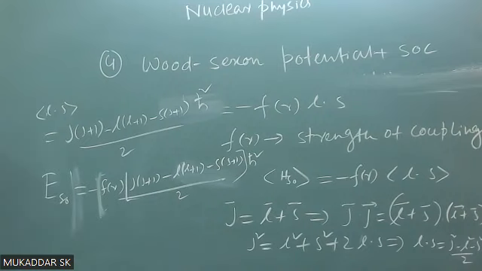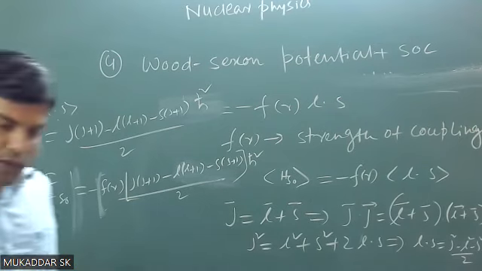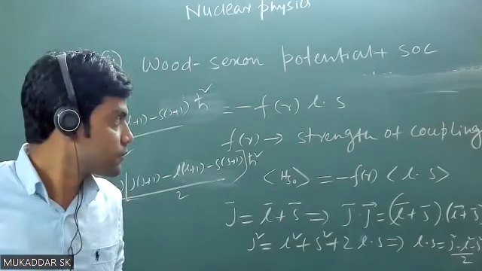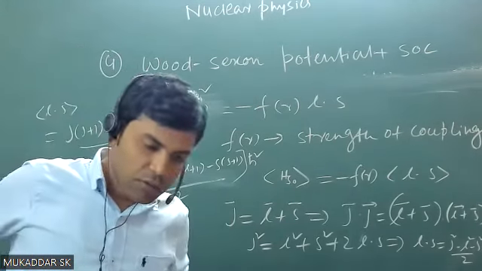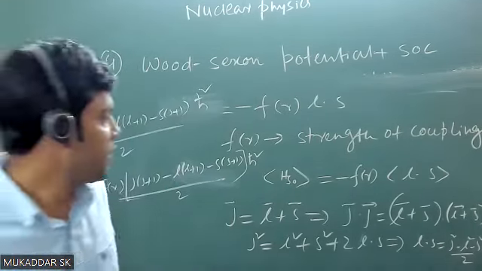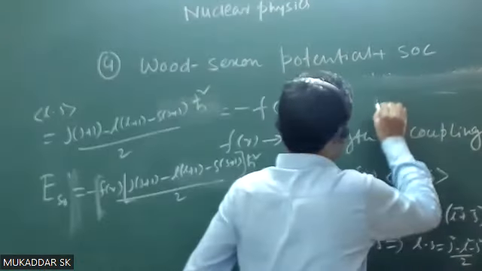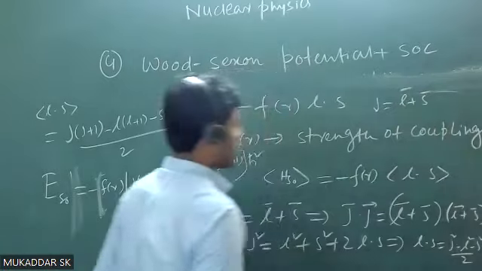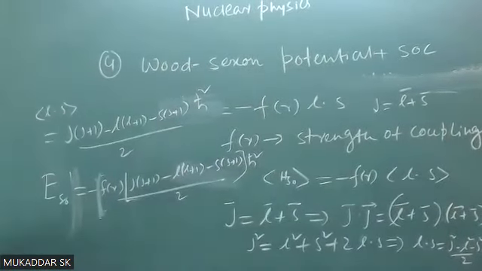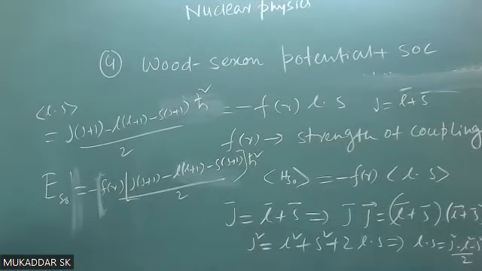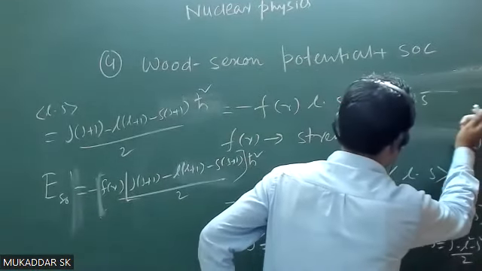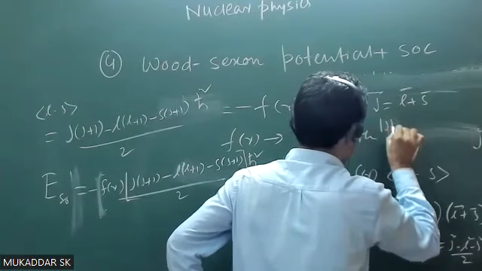Okay? Now, can you tell me what is the possible value of J? So nucleon is a spin half particle, right? You learned this. We started from here itself, that J equals L plus S. Now for nucleon, S is half. What values can magnitude of J take?